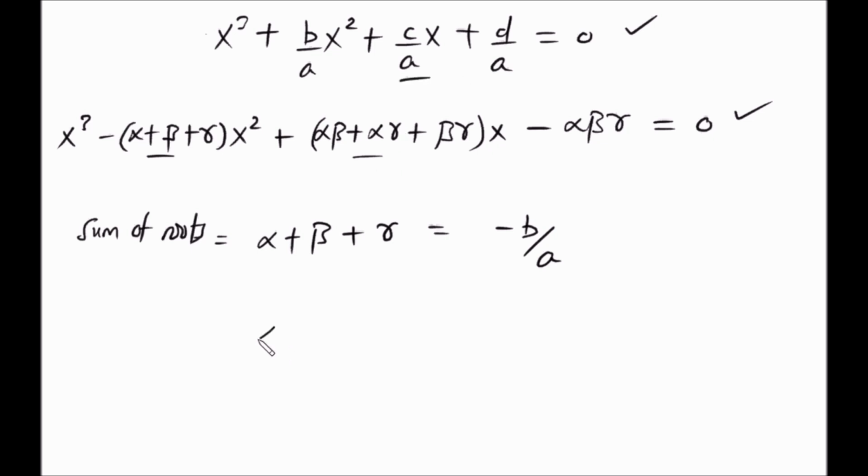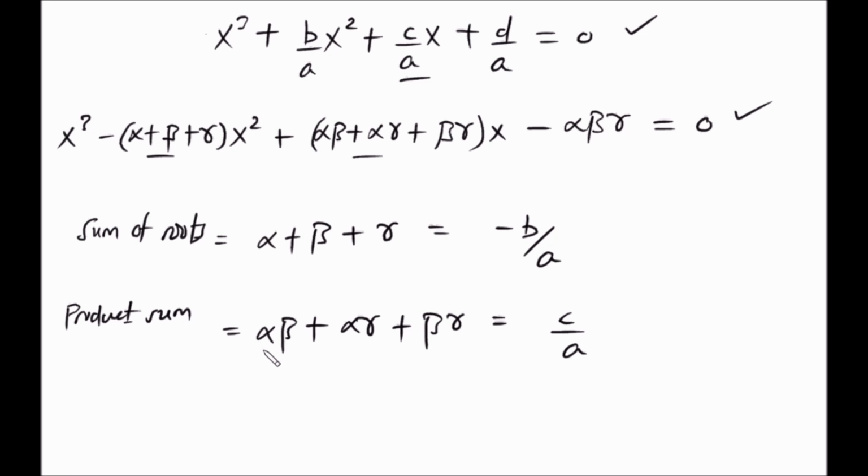So now we have alpha beta plus alpha gamma plus beta gamma equal to what? c over a. So what do we call this? We call this the product sum, because we multiply and then add, of each two roots.